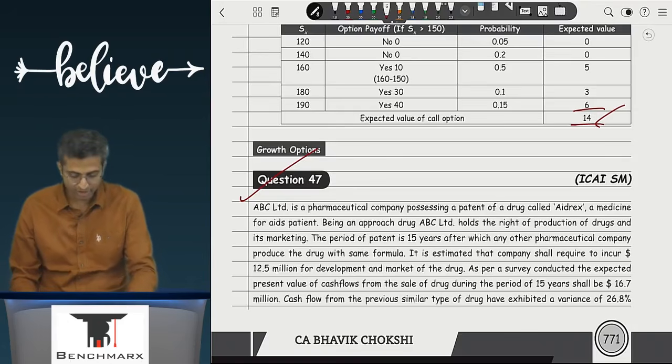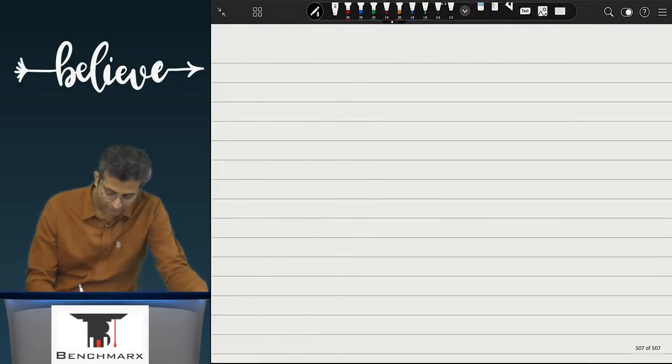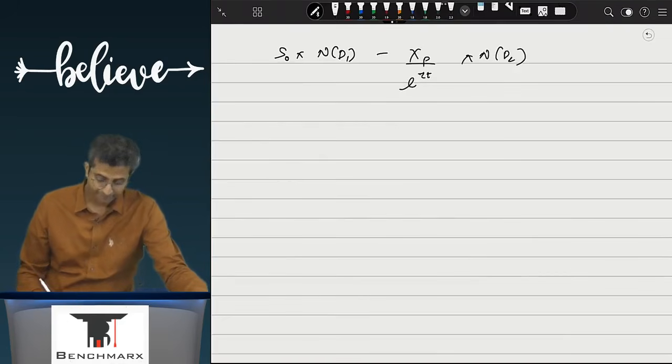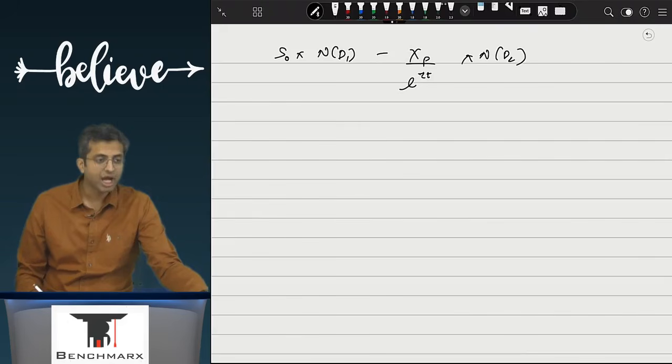So over here, when you look at Black and Scholes model, what was the formula if you remember? Your C0 would be S0 into N(d1) minus X upon e raised to rT into N(d2), where your S0 was the spot price, but in capital budgeting projects, there would be no spot price.